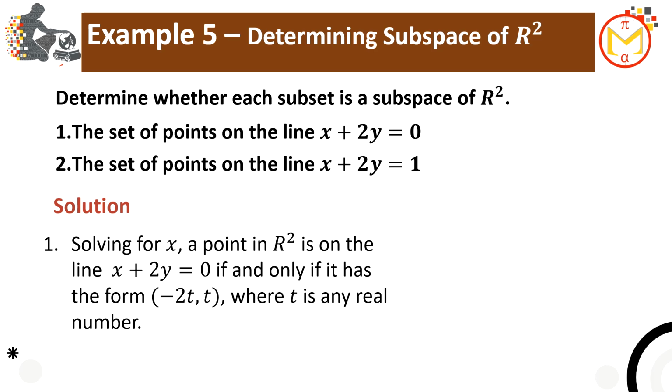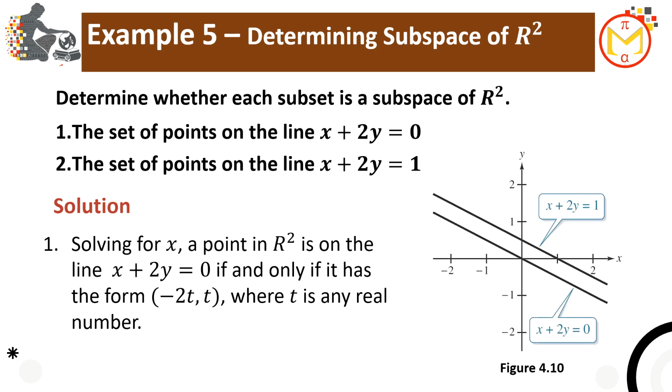To view these two sets, for number 1, x plus 2y equal to 0 passes through the origin because the constant is equal to 0.